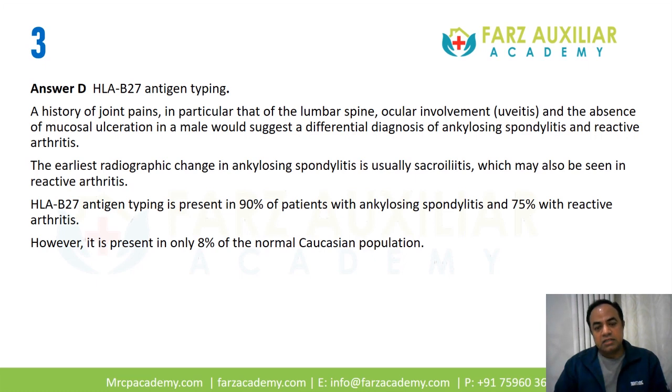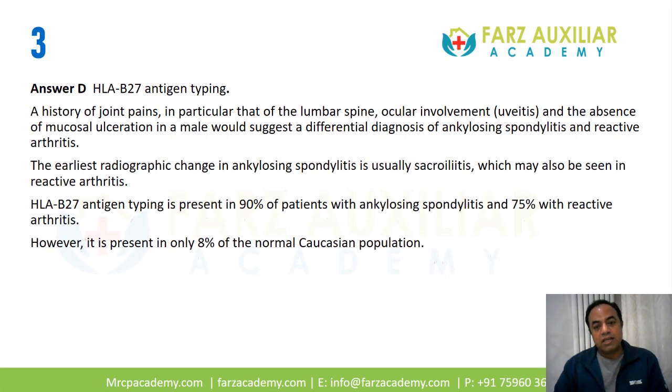Reactive arthritis again could be a possibility. The radiographic change in ankylosing spondylitis is usually sacroiliitis initially, which could be seen in reactive arthritis as well.